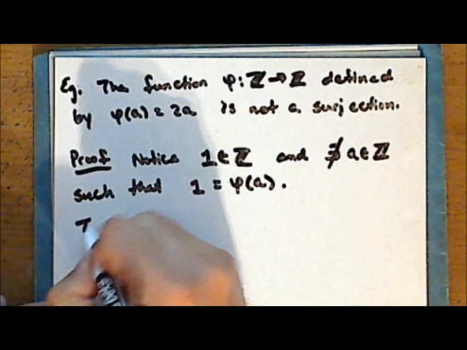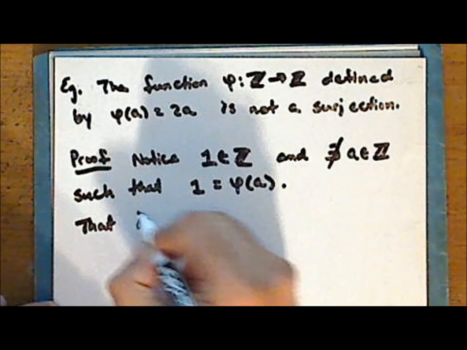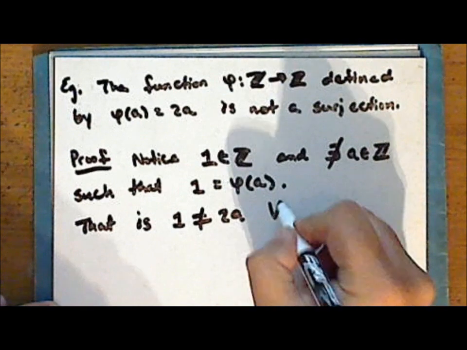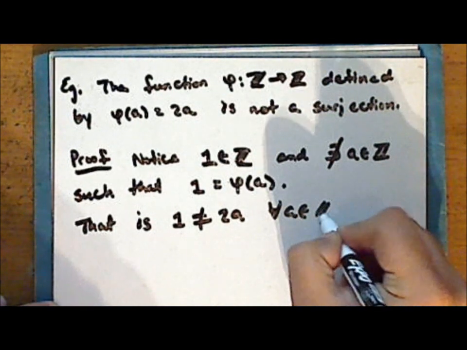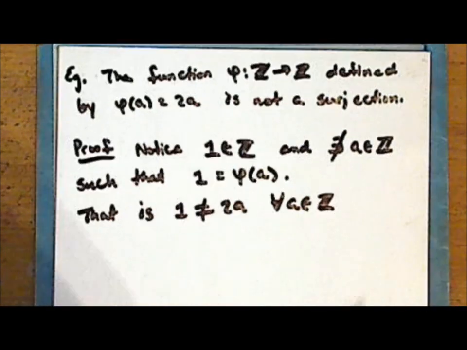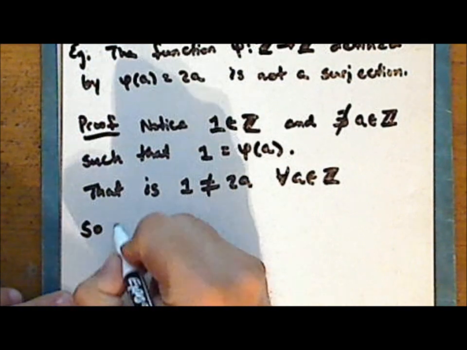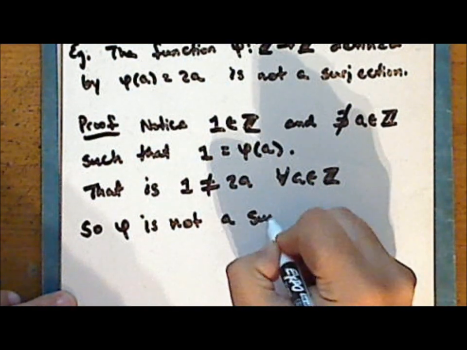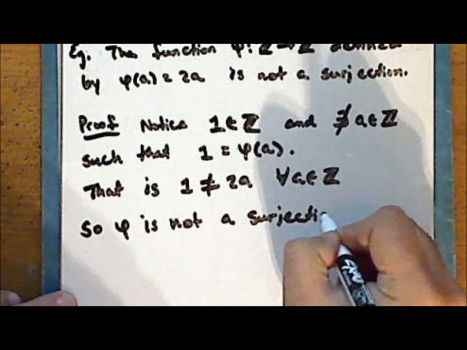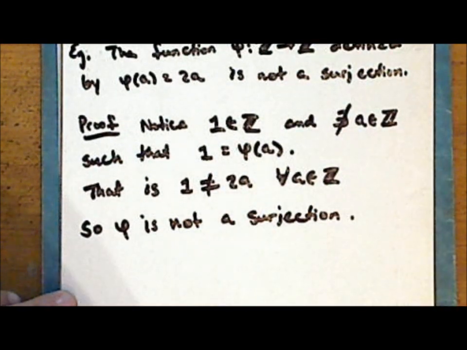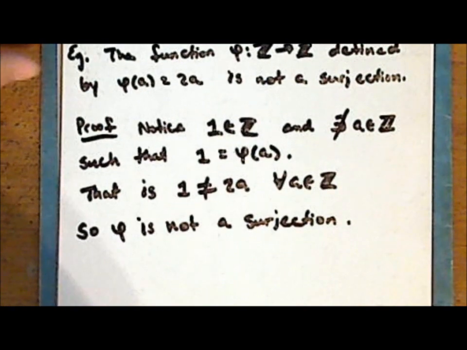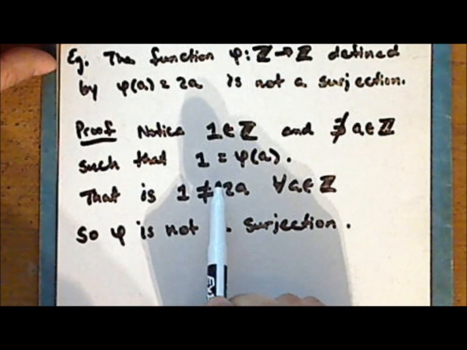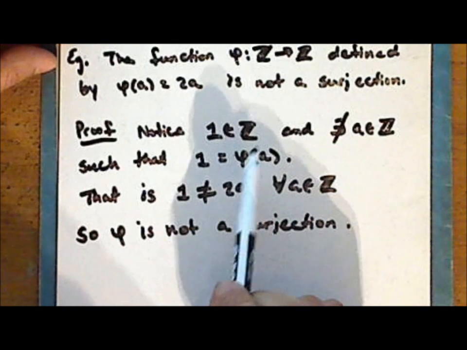That is, the number 1 is not equal to 2 times a for any integer a. And so the function phi is not a surjection. So the problem that we have with this function not being a surjection is that there are elements that are not mapped onto by this function.